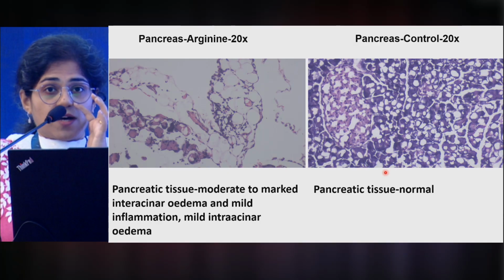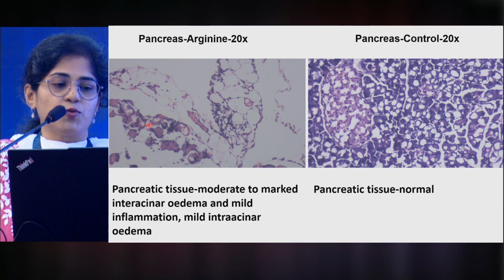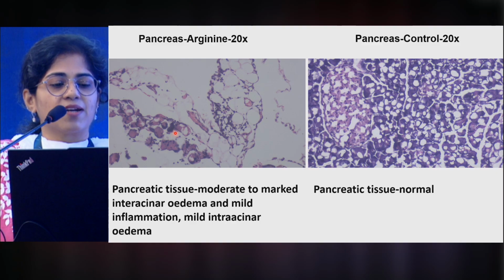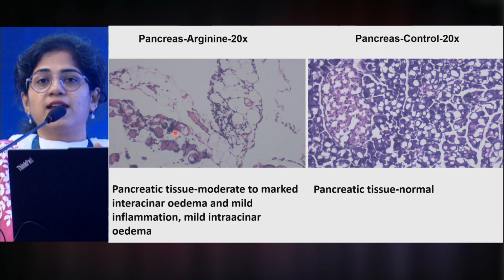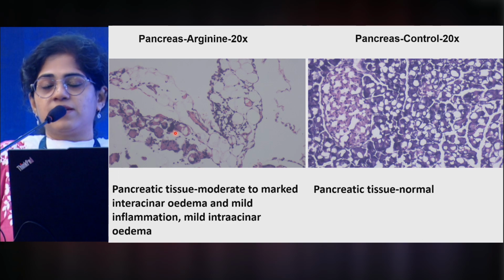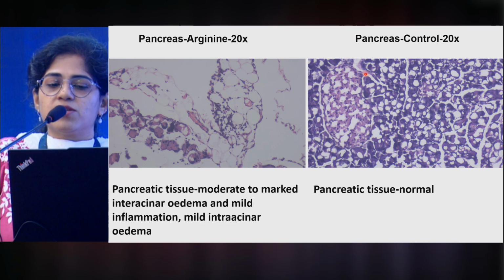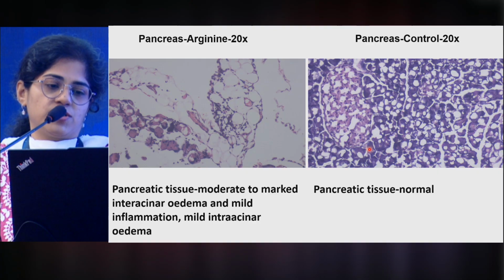If you look at the arginine model, there was even moderate to marked intra-acinar edema that was appreciated in the L-arginine model, indicating increasing severity of pancreatitis in this particular model. The control pancreatic tissue was relatively normal with no lesions.